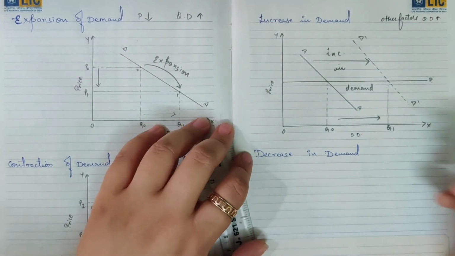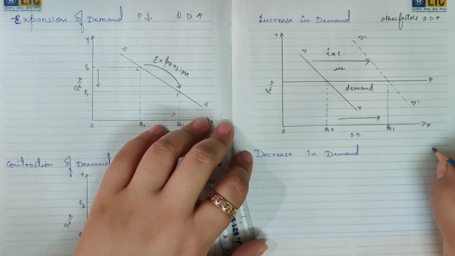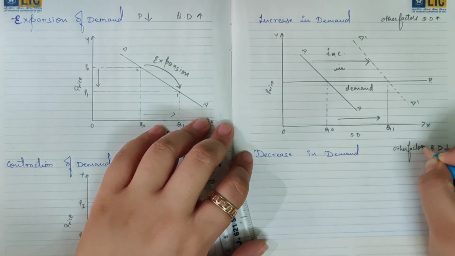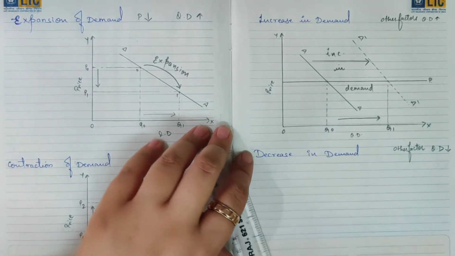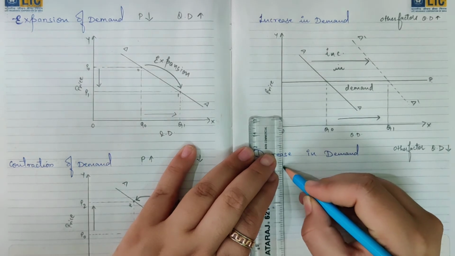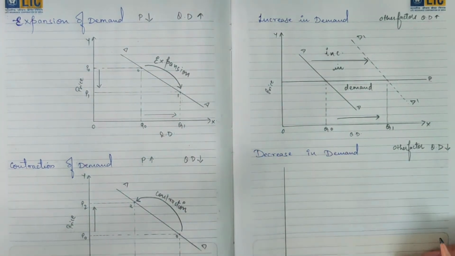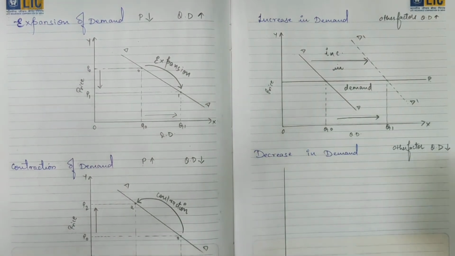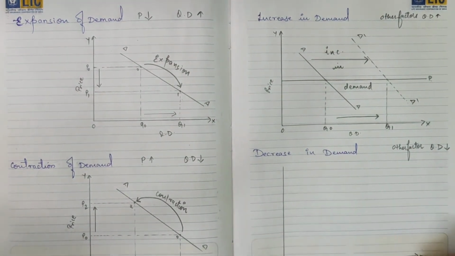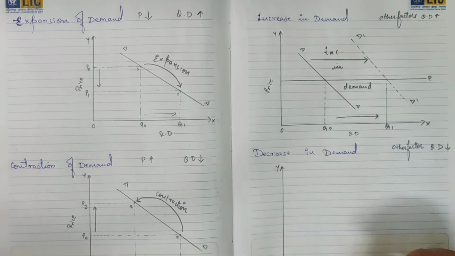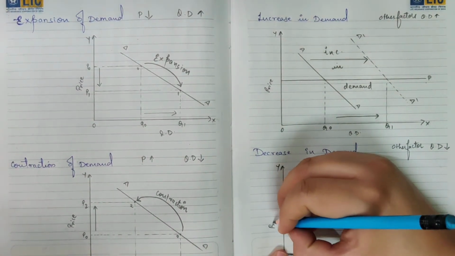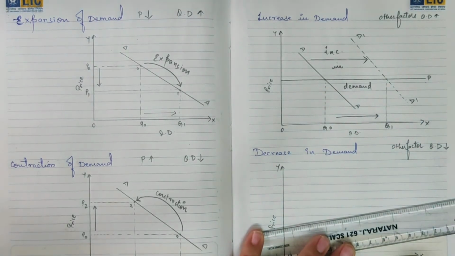On the other hand, decrease in demand: quantity demanded decreases, and it is all because of the change in other factors. Price will remain constant here. Same way, quickly we'll make the x-axis and the y-axis. This is OX axis, this is OY axis, and on y axis we show price, on x axis we show quantity demanded.